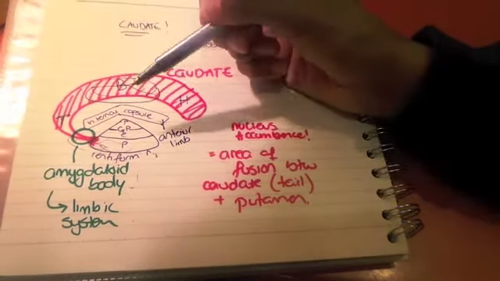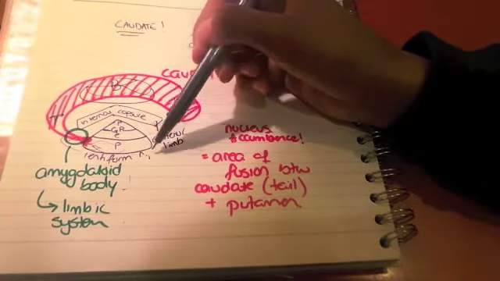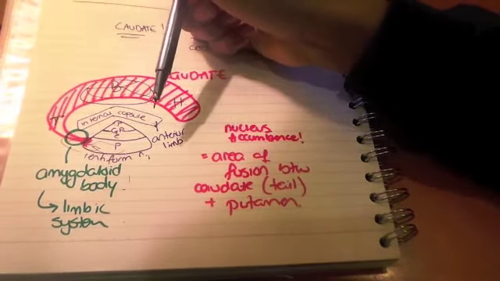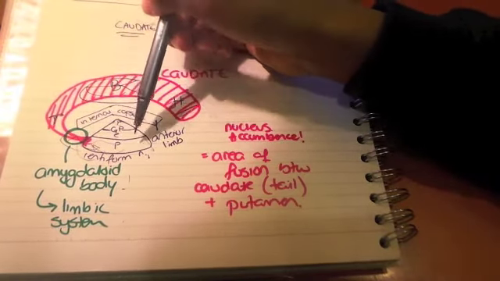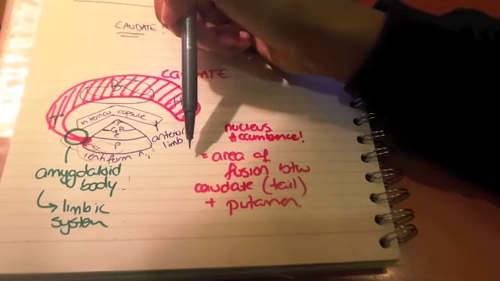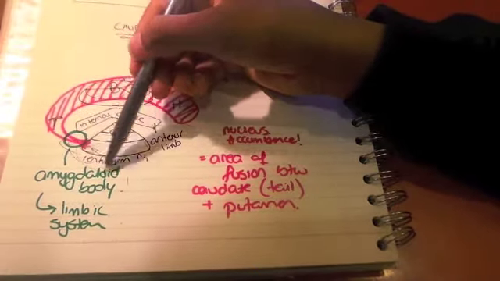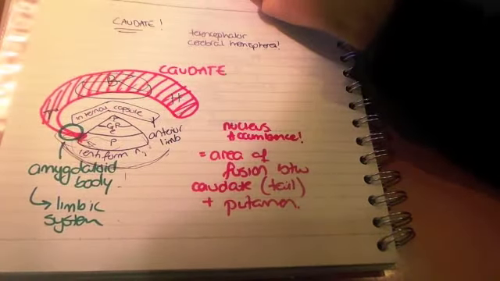The lateral or outer part of the wedge is the putamen. The entire wedge is your lentiform nucleus. It's wedge-shaped. The outer part is the putamen, and the inner part is the globus pallidus. And then lateral to the putamen, I don't have it drawn here, but in this area you're going to have your external capsule.